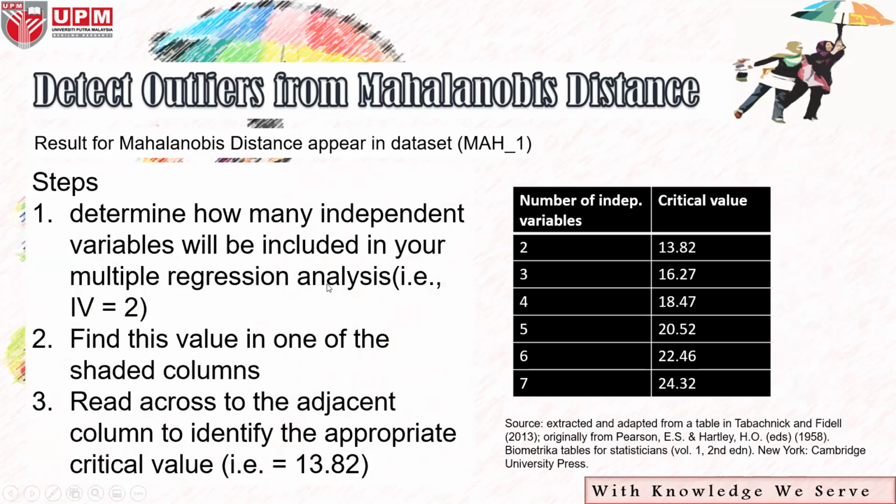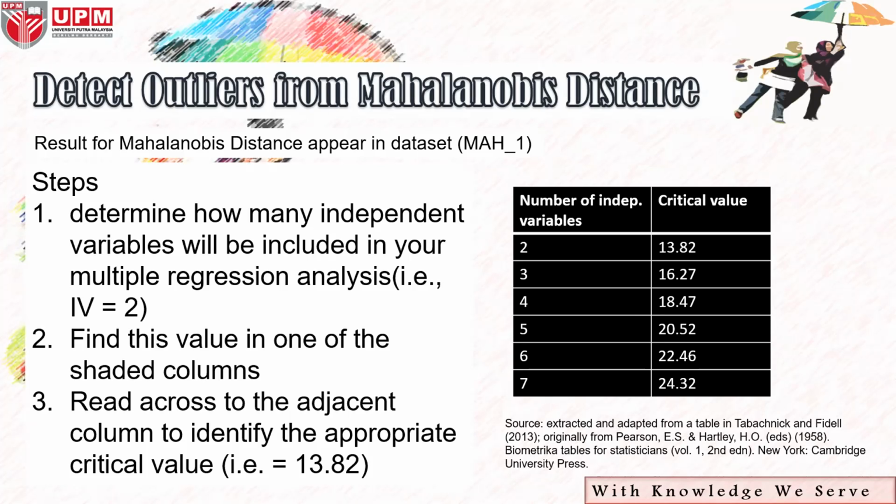Okay. To determine the outliers from the Mahalanobis distance, first we need to arrange our data ni. First, we determine how many independent variables will be included in your multiple regression analysis. Okay, so in our case, we have 2 IVs. So find this value in one of the shaded columns.